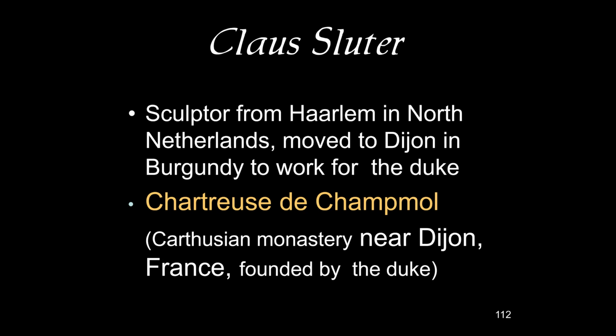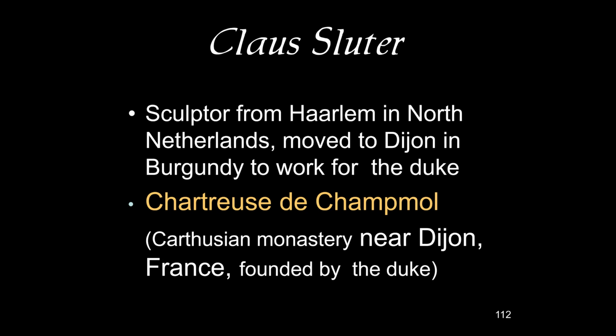All of the surviving work which can be attributed to him is associated with the Chartreuse du Champmol. Now, Champmol is the place name. Chartreuse refers to not a lime green color.